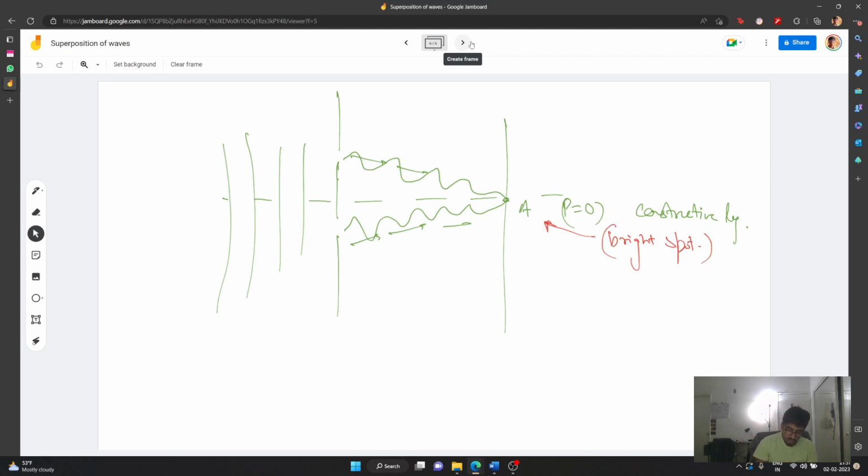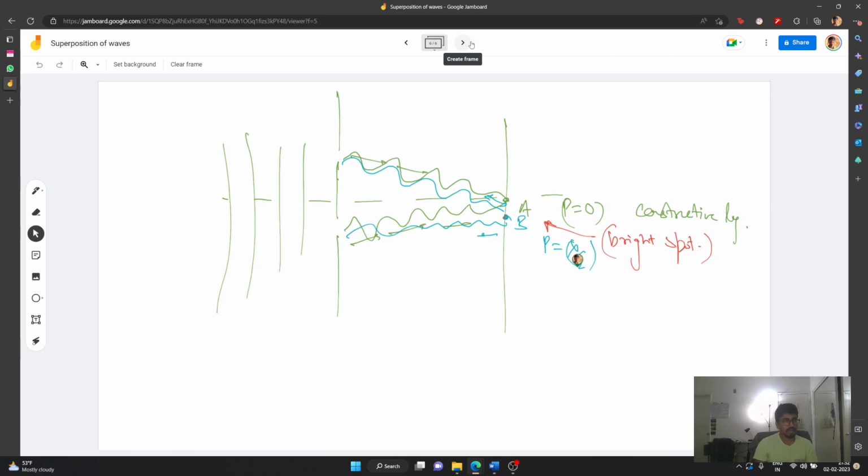Now, if you move this point a little bit down, to a new point, say B, then you see that maybe I can have some extra wavelength here, and because this lower path becomes a little bit smaller, maybe a little bit less here. So maybe the path difference here will rise, and maybe it becomes lambda by 2.